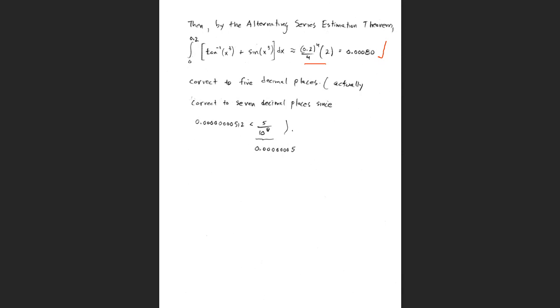And in fact, that term is actually correct to 7 decimal places, because the second term of the series, disregarding the negative, is less than 5 over 10 to the 8th power. So this estimate of the definite integral, 0.00080, is correct to 7 decimal places. So it's pretty darn good.